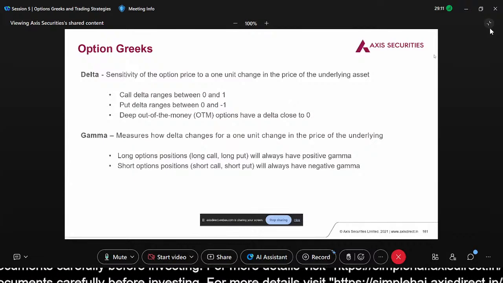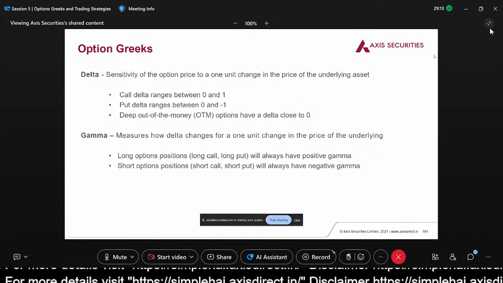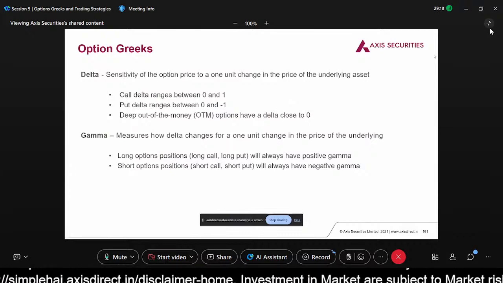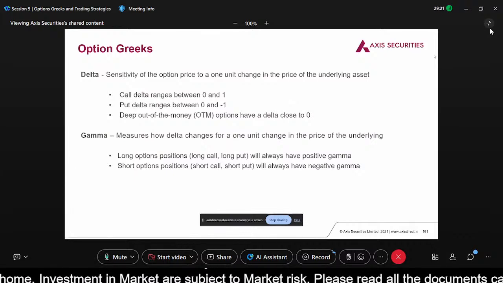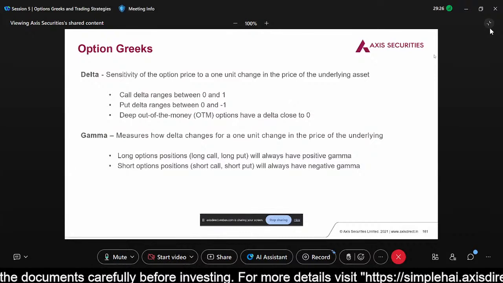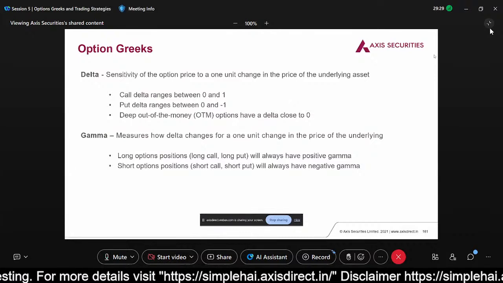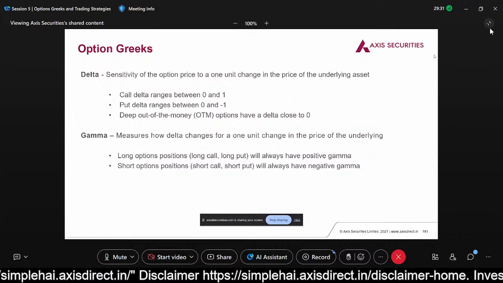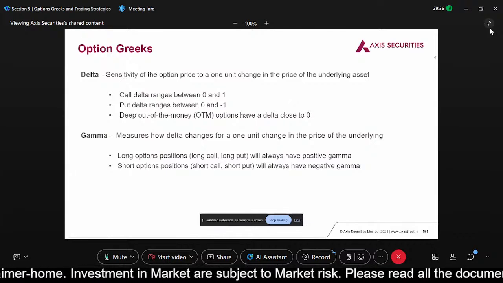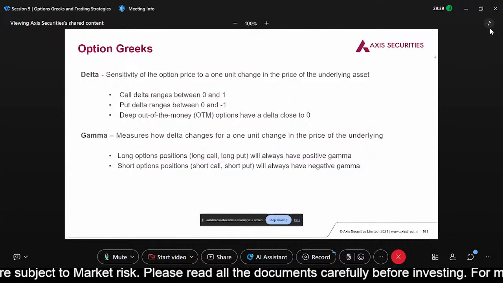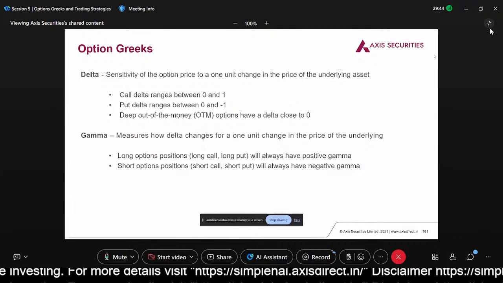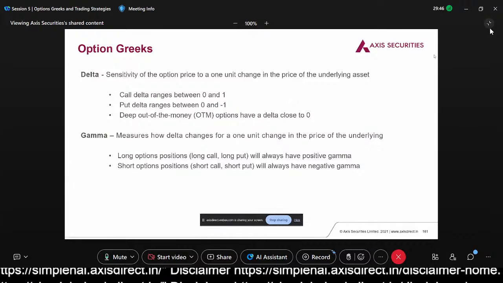So the example that we gave you: when the market is at 25,000 and you're looking at a put of 26,000, ideally you would say, okay, it is deep in the money, the delta should be -1. So theory says that. But tell me one thing, over the weekend, with all these Middle Eastern problems or whatever reasons, like FII pullout, because of which the market has fallen, there can be a reversal in all these situations over the weekend, and we can have a massive gap up open, correct?